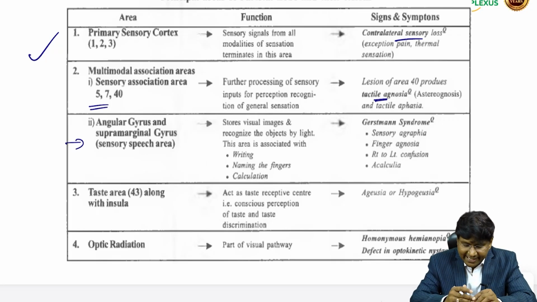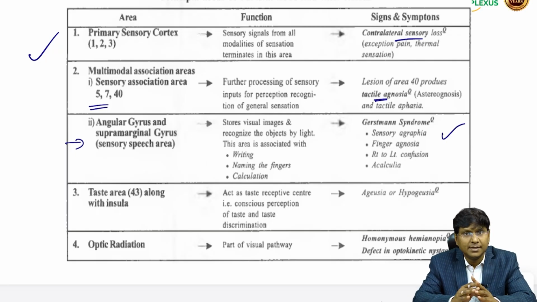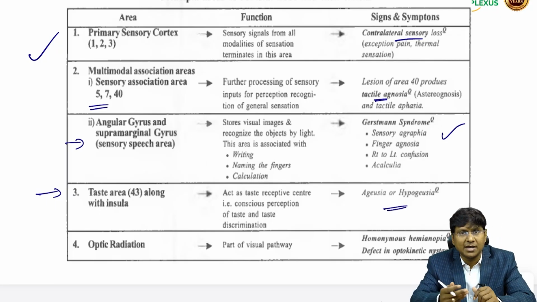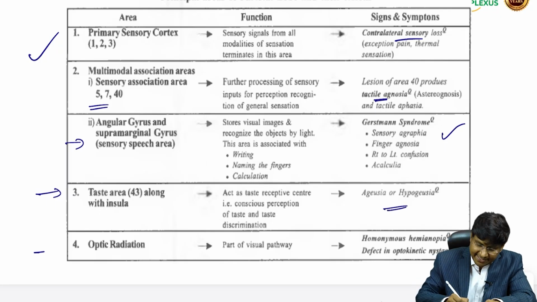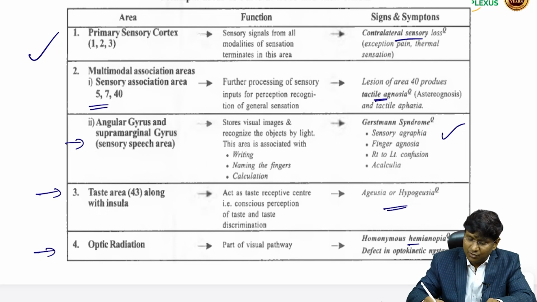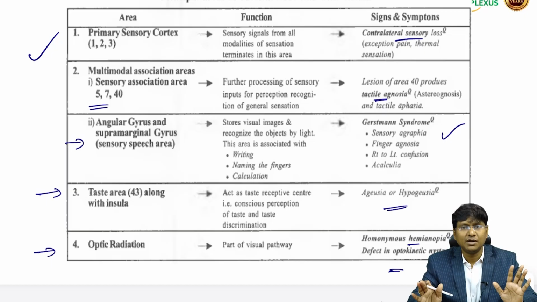Damage to the angular gyrus and supramarginal gyrus will cause Gerstmann syndrome, damage to the taste area will cause ageusia or hypogeusia, and damage to the optic radiation will cause homonymous hemianopia or defect in optokinetic nystagmus. So these are the principal areas of the parietal lobe, and the signs and symptoms when their lesion occurs. So this is about the question on the parietal lobe.